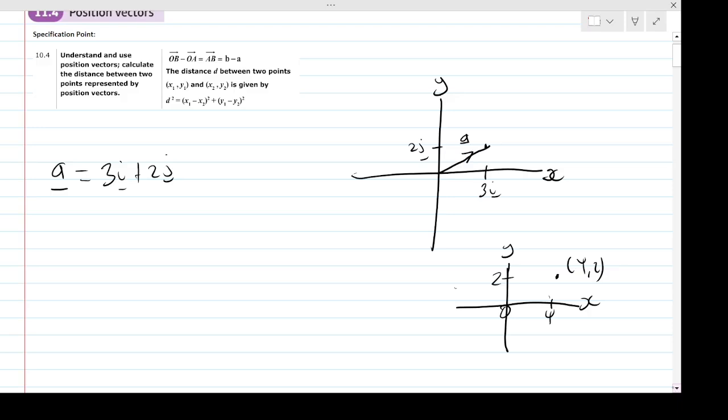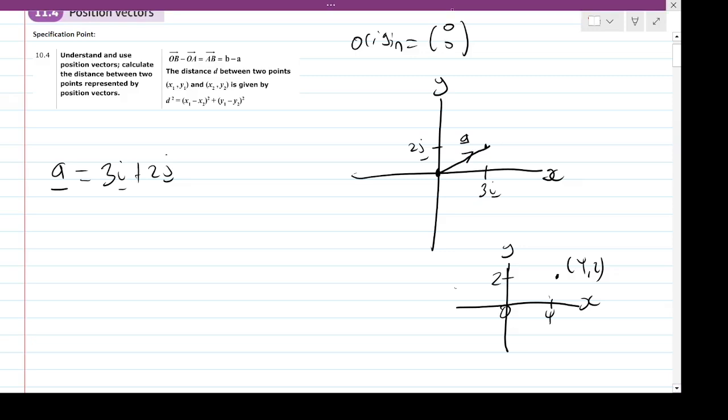If we draw a vector starting from the origin, remember the origin in vector form, we know it's 0, 0, but as a vector it's 0, 0 as a column, or we could say 0i plus 0j. So the origin is the exact same thing, but as a vector we start from the origin, and the point at the end here is basically the coordinate.